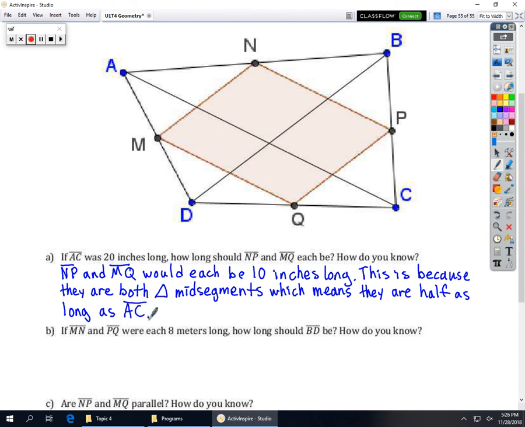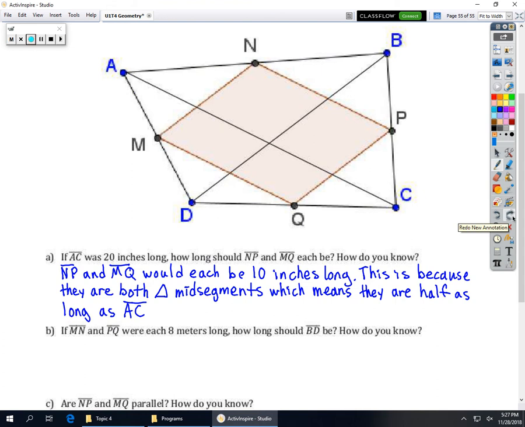NP and MQ would both be 10 inches long. This is because they are both triangle mid-segments. If they're mid-segments, then they should be half as long as the third side of the big two triangles that are making this up. And by triangles, I mean this one here, excuse my terrible lines, and that one there. Well, these are pretty bad. So this triangle and that triangle, like the big thing.